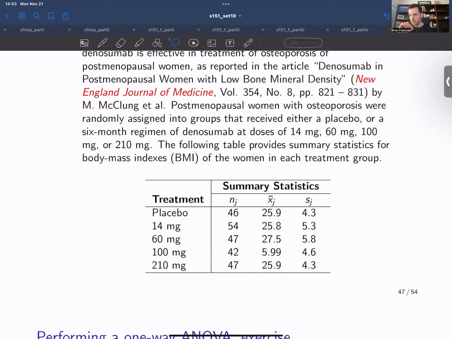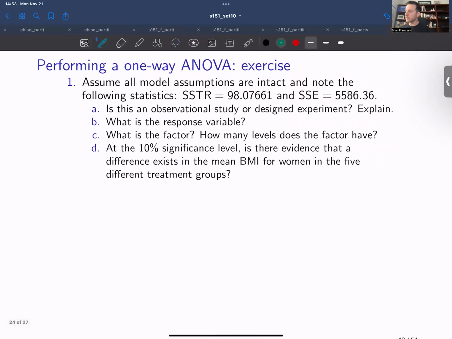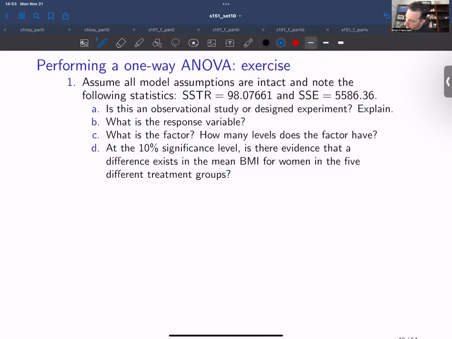We want to know, and we'll get to it momentarily, is there evidence that those population means are different from each other? Okay. So when we want to compare those 5 population means, so we have 3 or more means, this is where an ANOVA F test is used.